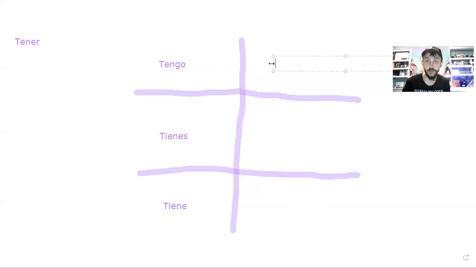Now the nosotros and nosotras form, or the plural form of the first person, is pretty similar to the yo form, but it's tenemos. See that? See how tener already has an irregularity in the yo form? I'll go over more of those, like the verbs hacer and the verbs conocer and saber, right?